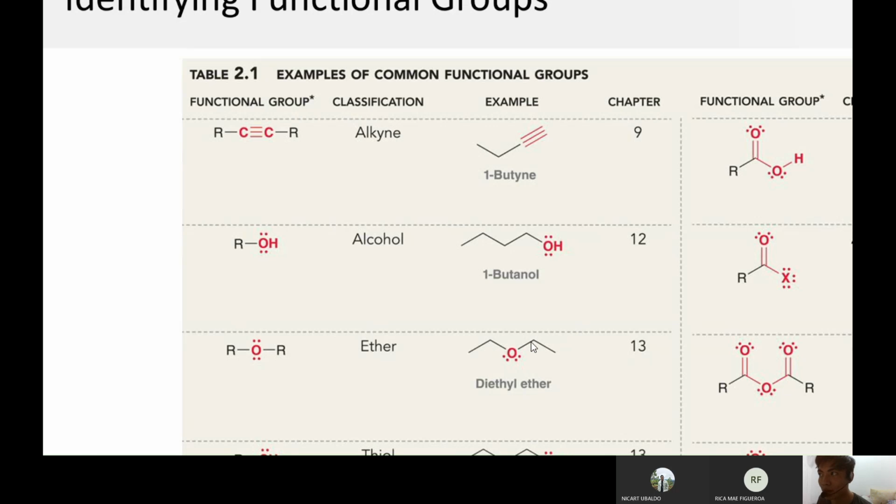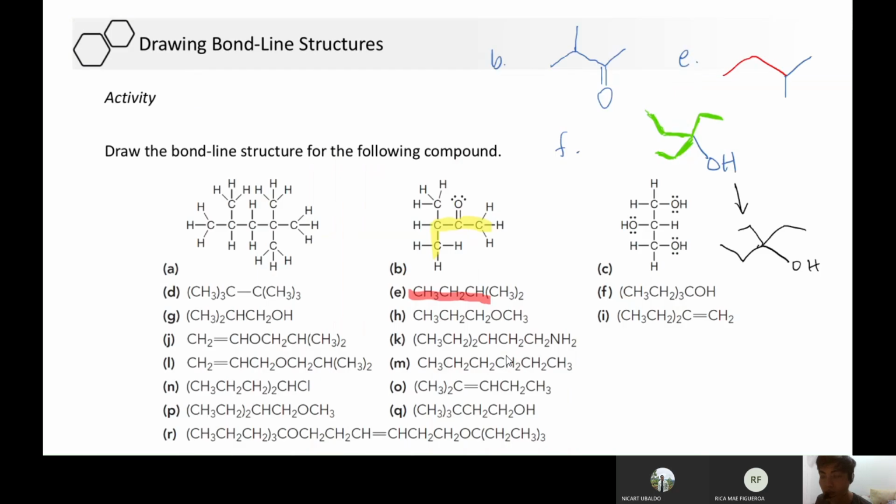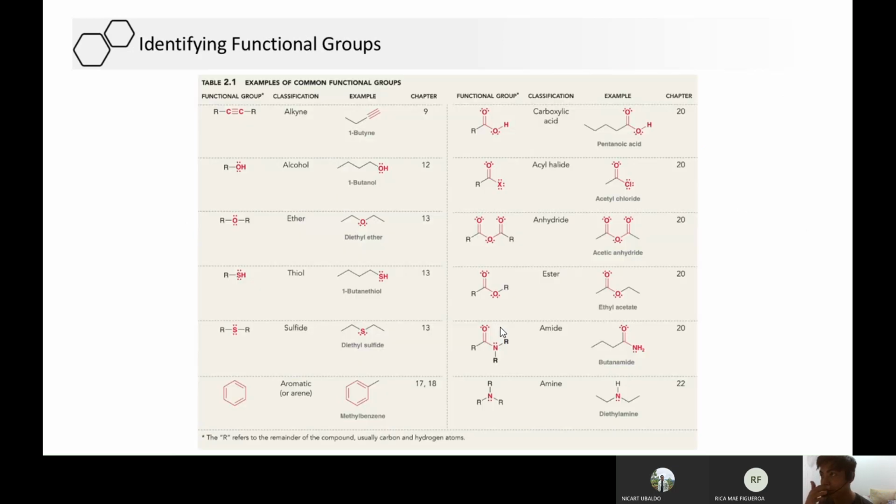You call that an ether. So F is an alcohol, while the H that Nicart answered has the oxygen in the middle of two carbons, so that is an ether.